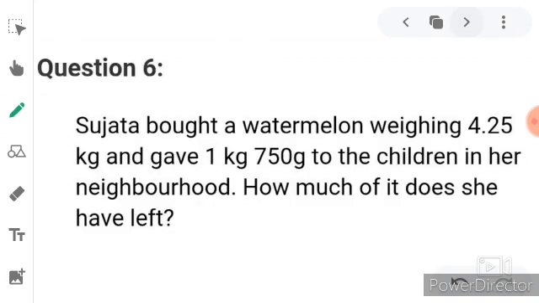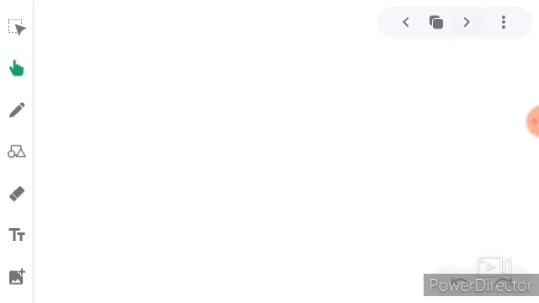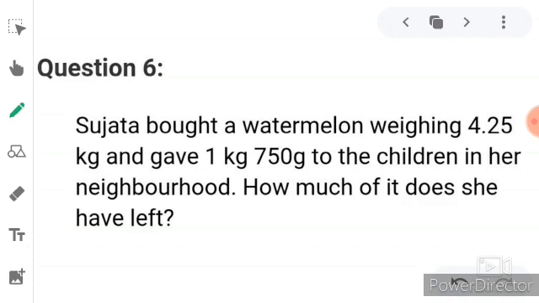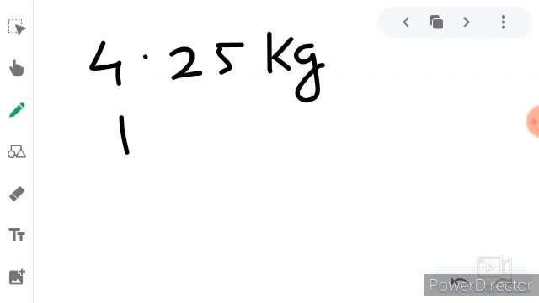Now the next example. Sujata bought a watermelon weighing 4.25 kilogram. Then she gave 1 kg and 750 grams to the children in her neighborhood.